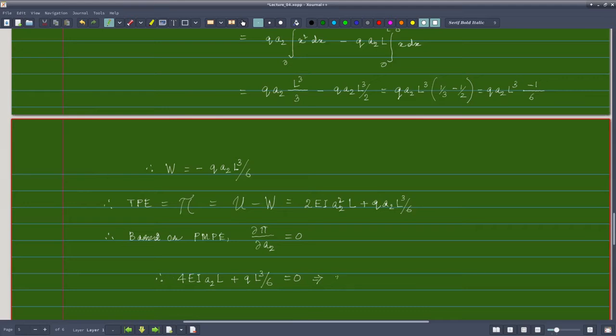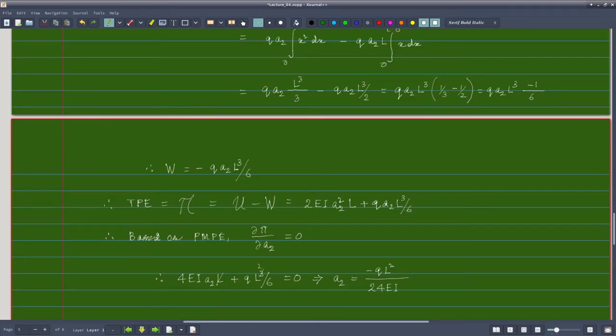I can divide both sides by L. In that case I will have L square only, so A2 will be minus QL square by 24 EI, right? 24 EI.